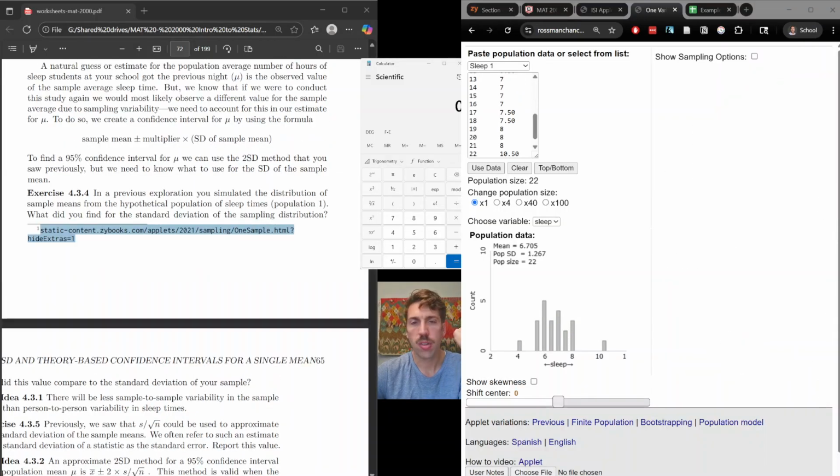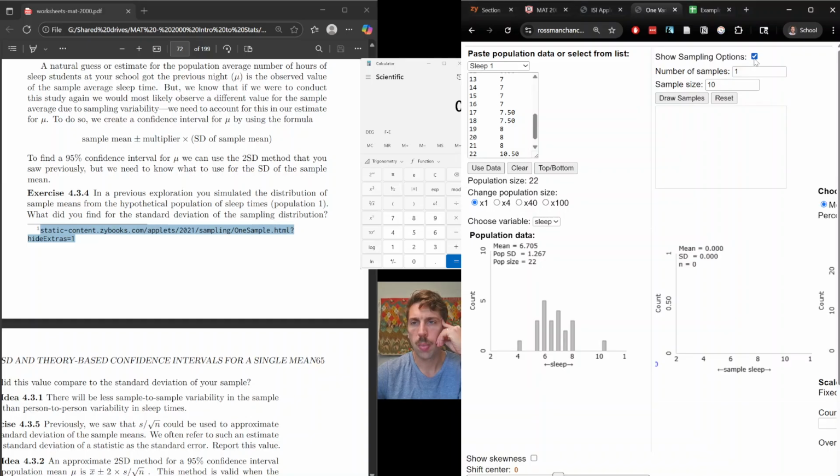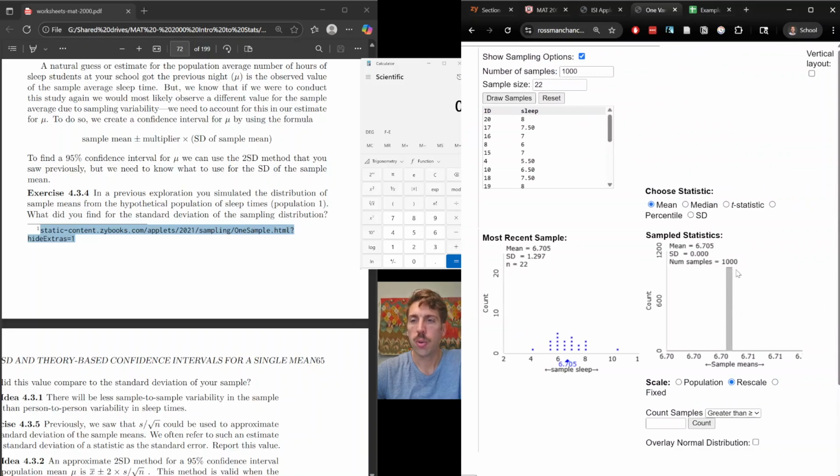Okay, this is a great thing to remember when using this app: when you do sampling options, if you try to sample the same number as your sample size, then you're going to get this strange phenomenon where you take the whole sample every single time.